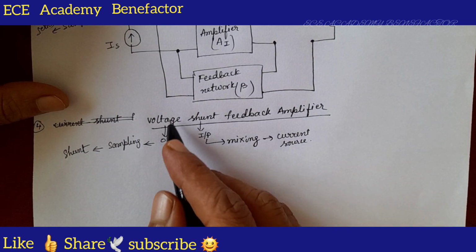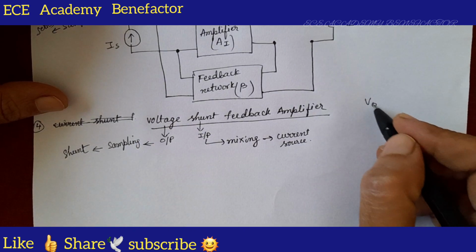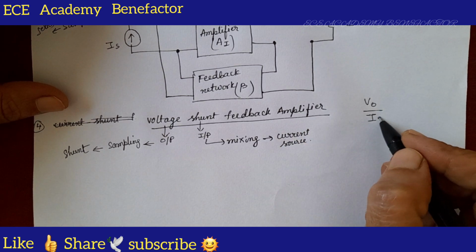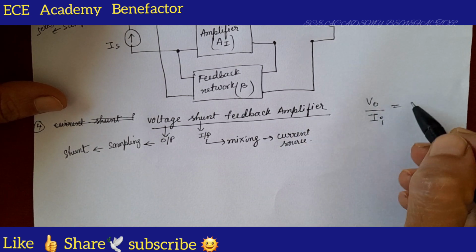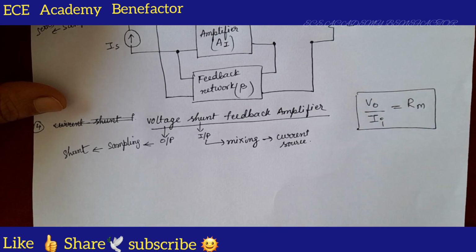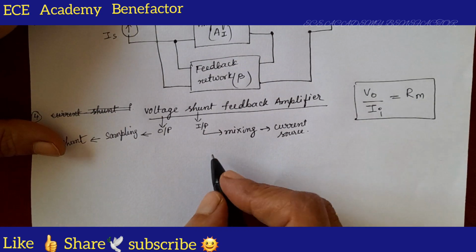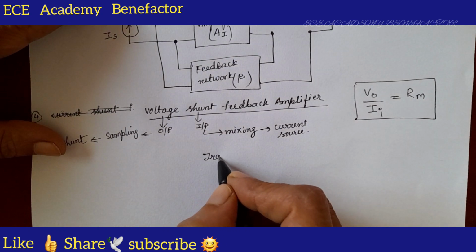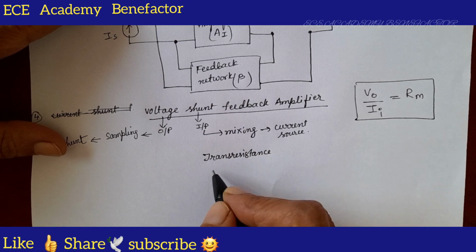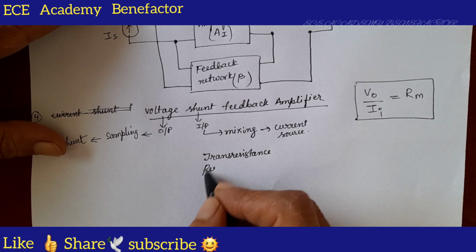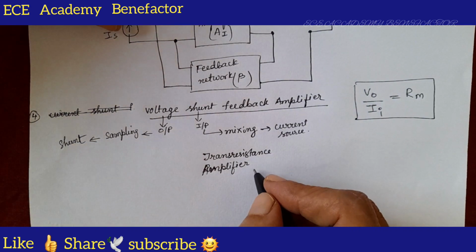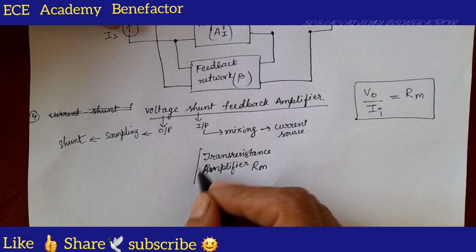Okay. So what is the output parameter? Voltage. What is the input parameter? Current. V by Ii. V by I is Rm, the transresistance gain. So we need to place a transresistance amplifier of gain Rm.